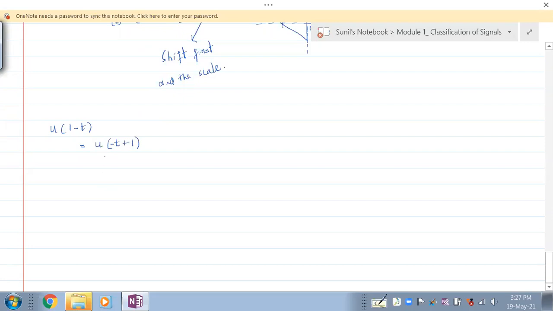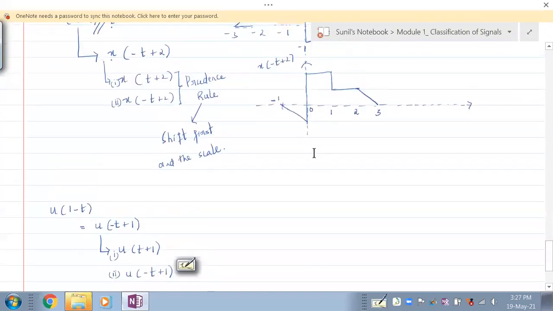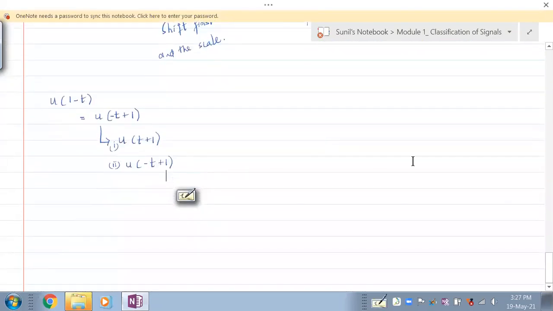So what you will do, you will first have u of t plus 1, then you will have u of minus t plus 1: shift and then take the reflection. I'll just obtain the signal here, then the same signal I'll take over here. Is that okay with you, everybody? So how should u of minus t plus 1 look like?